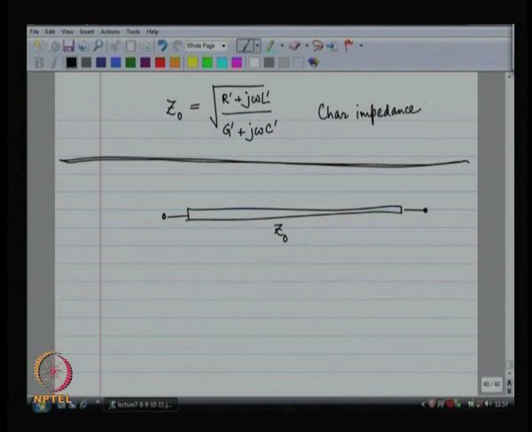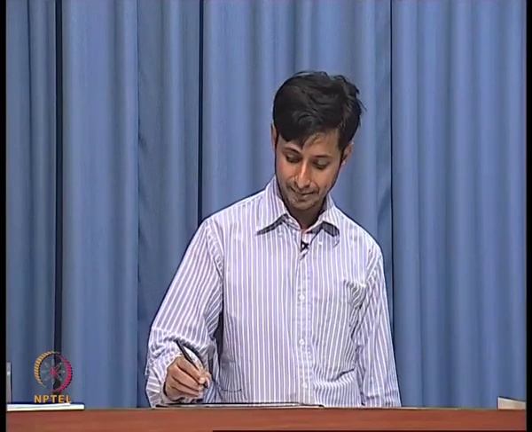Z naught is a mathematical entity, it is not a resistance at all. If you have R and G equal to 0, then Z naught is going to be square root of L prime by C prime.